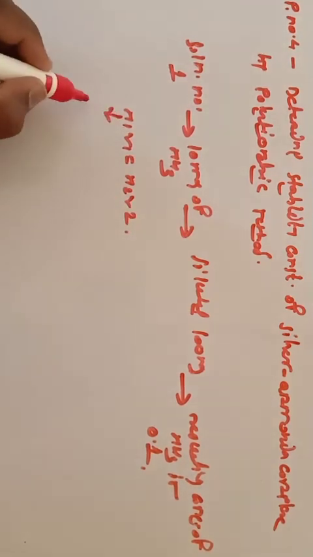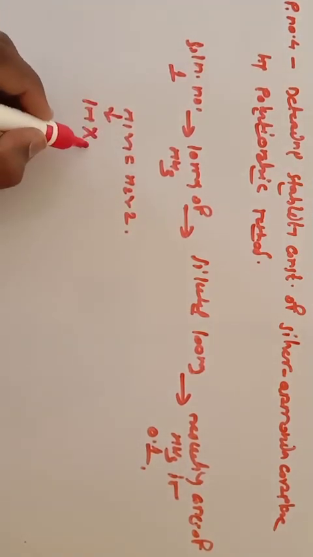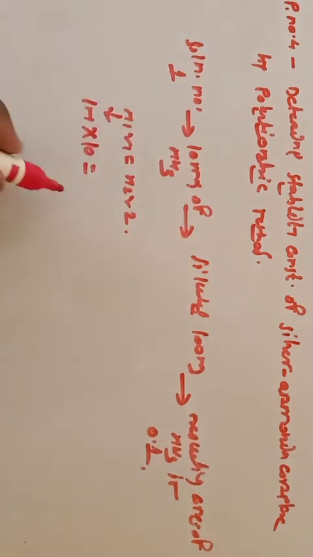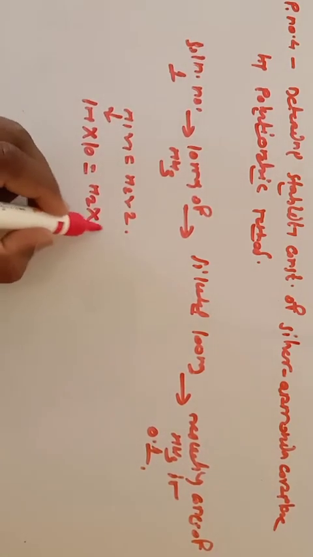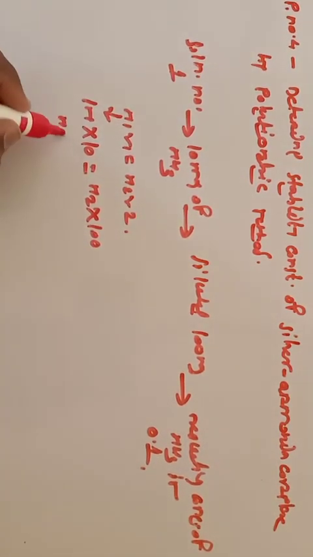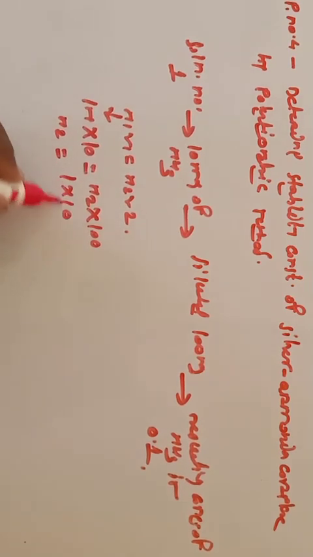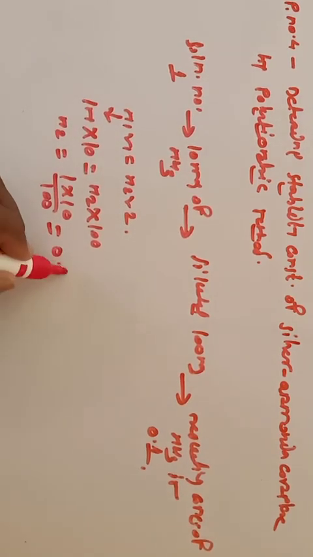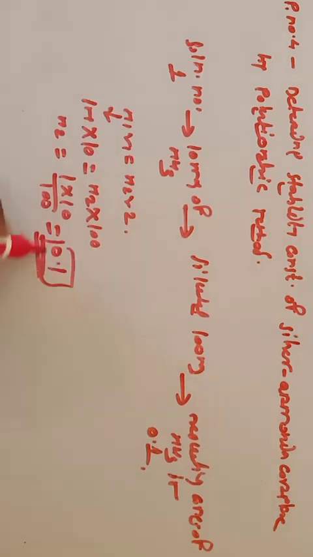Initially the ammonia has a concentration of 1 normal, you take 10 ml in the first flask, you have to find out N2, and finally dilute to 100 ml. So N2 becomes 1 into 10 divided by 100, that is 0.1. So the initial concentration of ammonia is 0.1. Similarly for the second flask it is 0.2, for the third 0.3, and 0.4, like that.